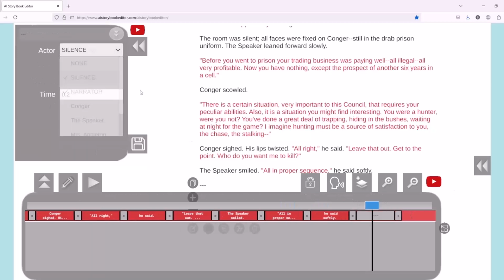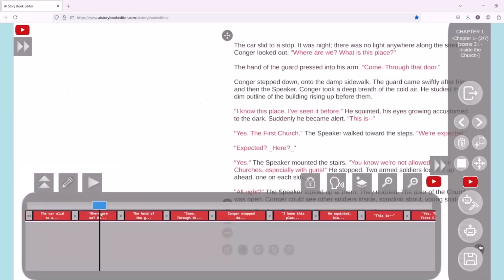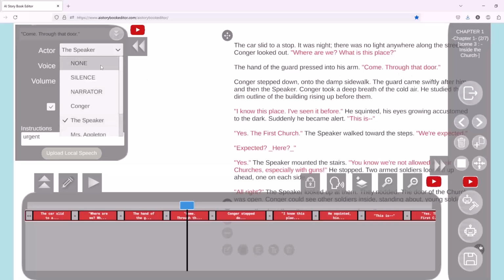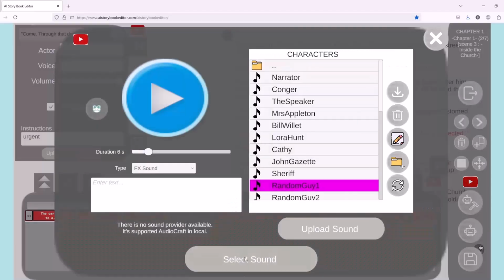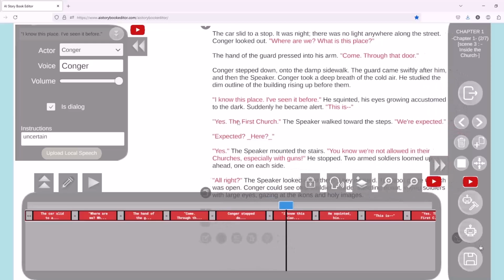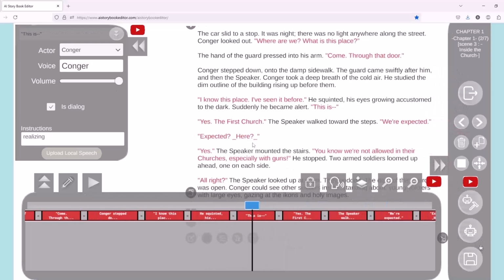First of all, this is silence. This is Conger speaking. The hand pressed into his arm. This is a random guy, so we are going to use one of the random voices that we cloned before. This is Conger. This is Conger.